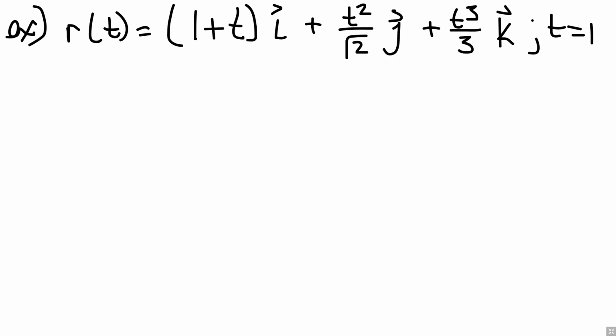All right, so let's find our velocity vector. So v of t. The first component's going to end up being what? Just 1. Okay, so we're going to have 1 in the i direction plus, what's going to be the second component? 2t. Careful.